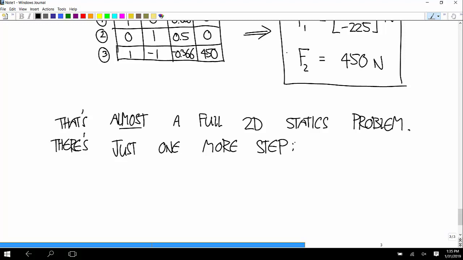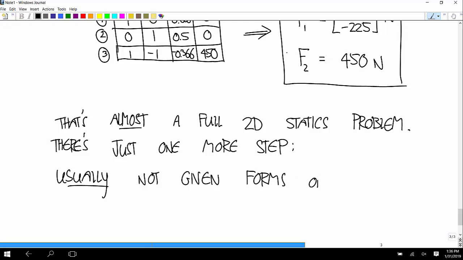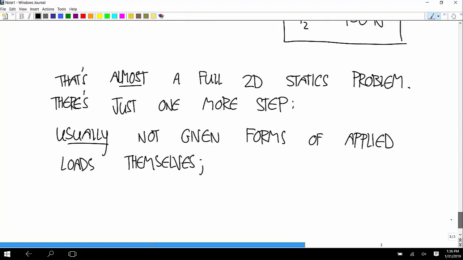And that is, we're usually not given the forms of the applied loads themselves. Instead, we're usually given what types of joints connect this body to the surroundings.